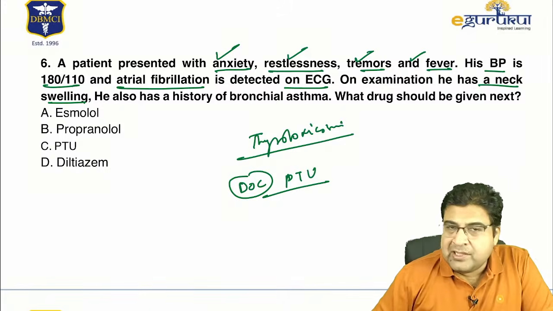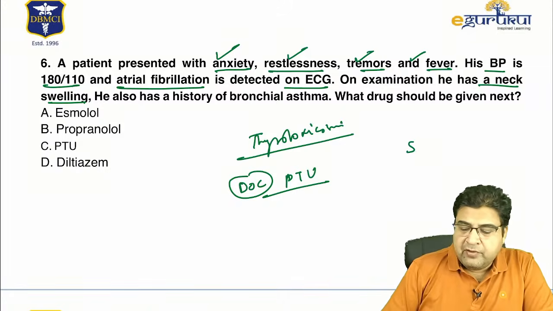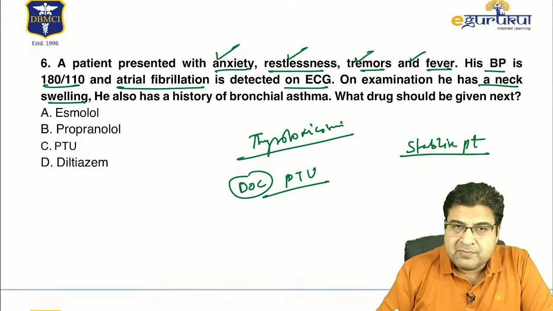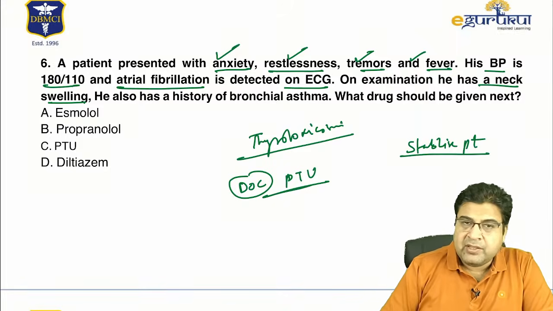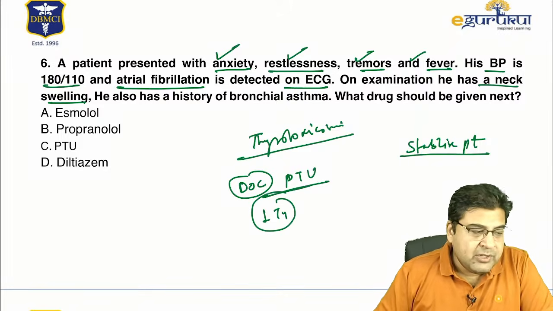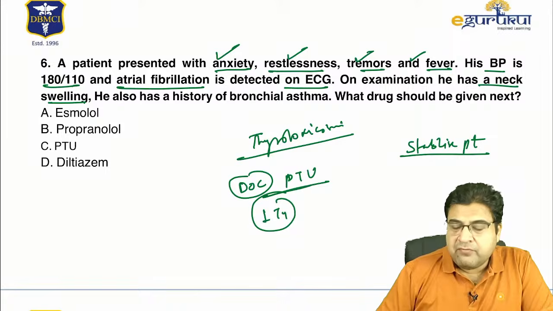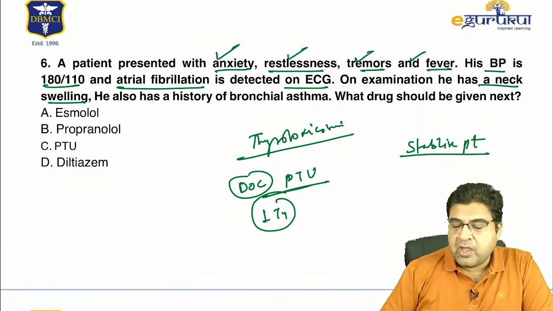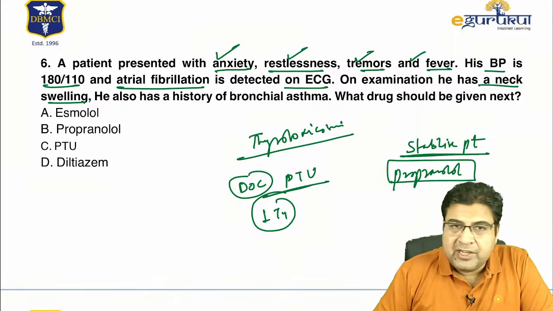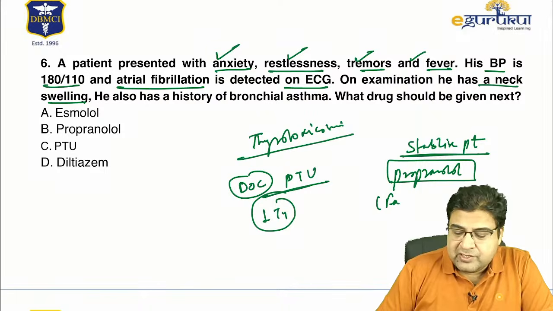Our first priority is to stabilize the patient, and then PTU is the best medicine that will reduce the level of thyroid hormone in the body. To stabilize the patient, we have to give propranolol. Propranolol is the drug of choice that is given along with PTU, and it is the fastest acting drug.